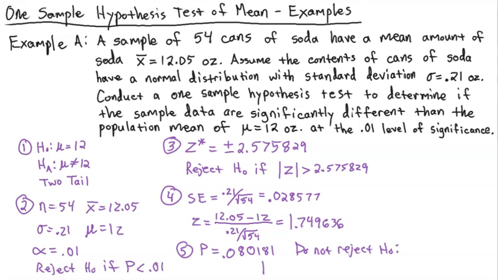The first one is because p is actually greater than 0.01, and the other reason is because our z-score, which is the absolute value of z, is less than 2.575829, okay? We reject H sub 0 if this is true; it's not true. We reject H sub 0 if this is true; it's not true. So we do not reject H sub 0.